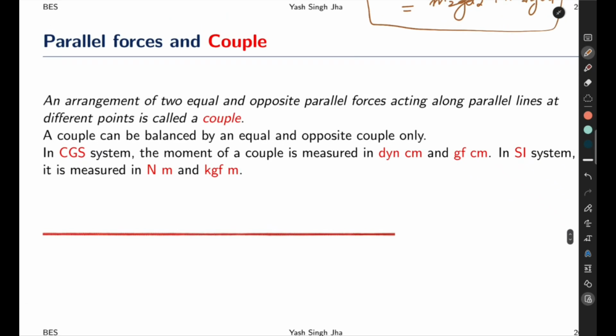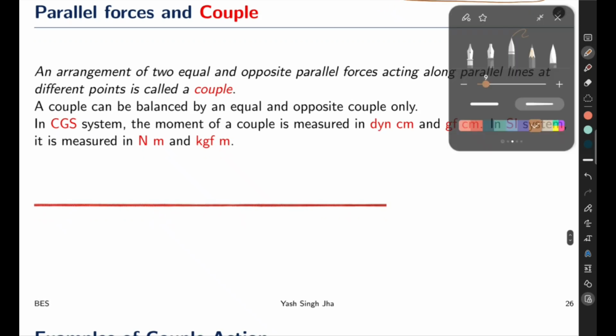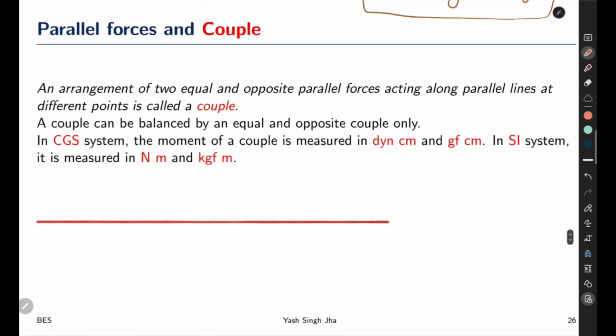Parallel forces and couple. An arrangement of two equal and opposite parallel forces acting along parallel lines at different points is called a couple. What do I mean by that? A force is applied here, and it should be equal and opposite.